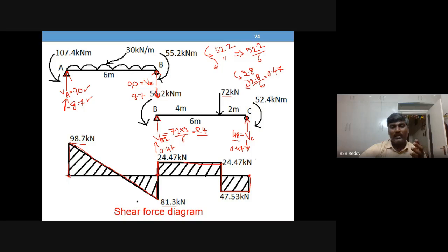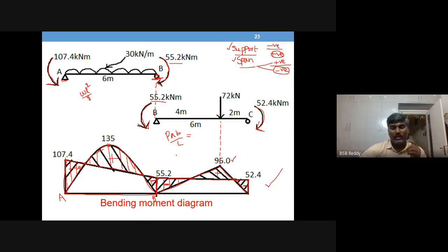Now, how you draw the elastic curve is with this diagram. If you have the BMD, you can easily draw the elastic curve. You see, there is negative moment from the support till some distance, and then there is positive. So from here to here it should be hogging, then after that sagging, again hogging.